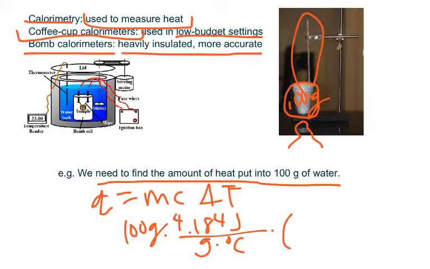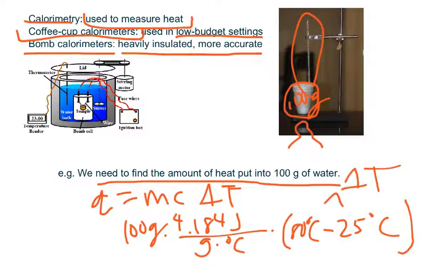So we might have an initial temperature of, let's just say, 25 degrees Celsius. And let's just say you heated it up so much that it's maybe 80 degrees Celsius. Now you have the change in temperature, delta T, right there. And doing the math, well, you kind of need a calculator for this unless you can do math in your head. So 100 times 4.184 times parenthesis 80 minus 25.